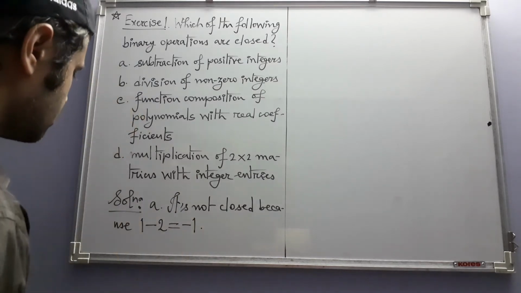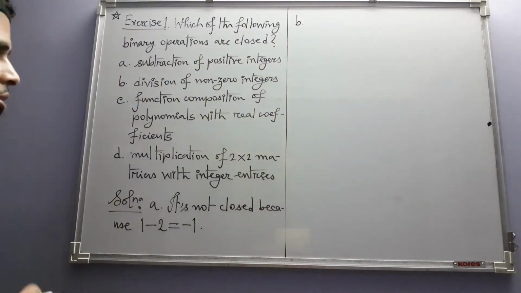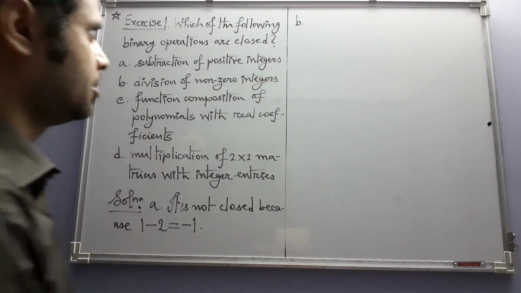So it's not closed. Like that, part B is also not closed, division of non-zero integers.